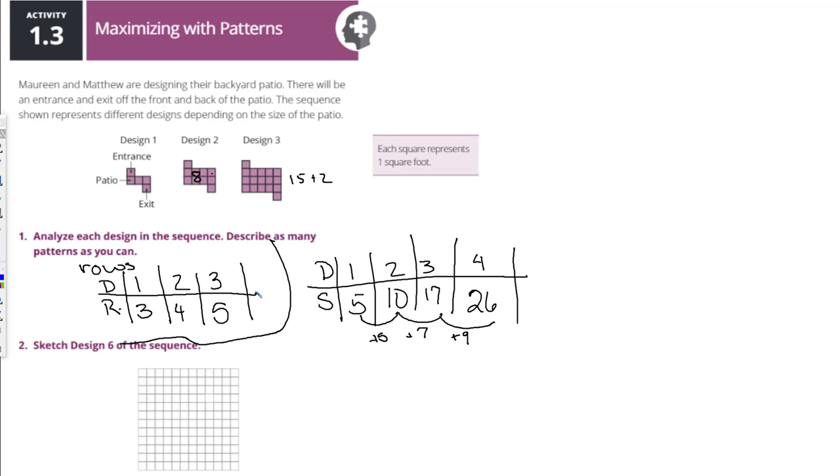So that means if I keep going this pattern, how many rows are we going to have? 4, 5, 6. We're going to have 6, 7, 8 rows. So let's count out 8 rows. 1, 2, 3, 4, 5, 6, 7, 8. And so I know I'm going to have an entrance, and then I go down 7.